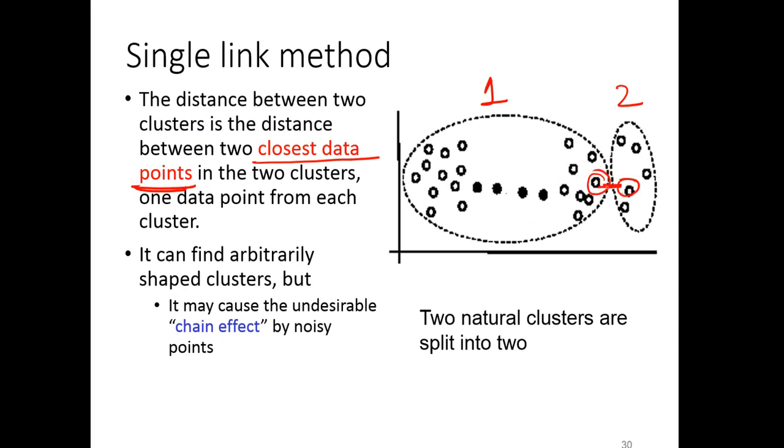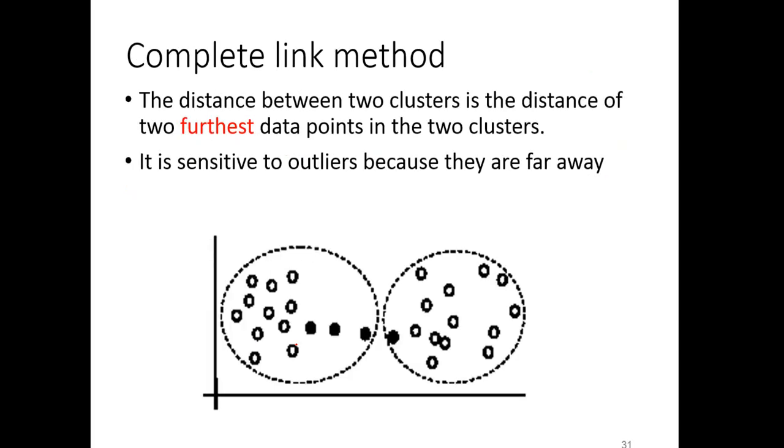Let's say this distance is d, so d is the distance between cluster 1 and cluster 2, because these 2 points are very close, and whatever the distance between these 2 points, we consider that the distance between the respective clusters. This is one way of calculating.